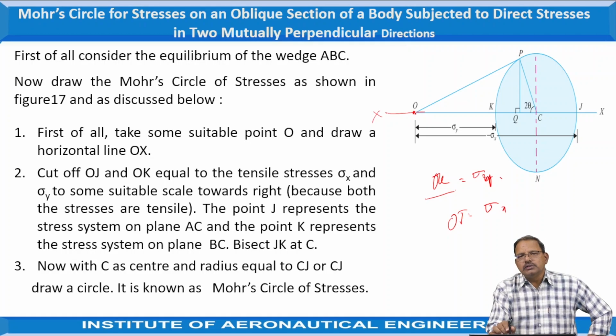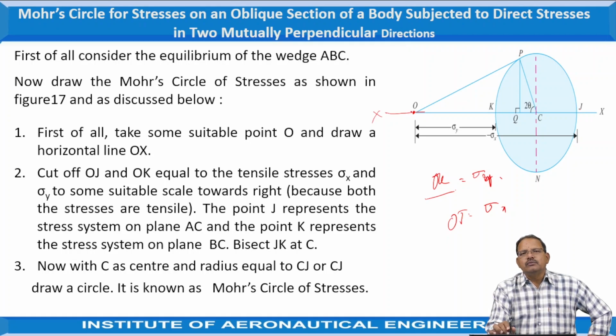That is, first of all, draw the horizontal line xx and mark a point O on it. By using a suitable scale, represent OJ as well as OK.